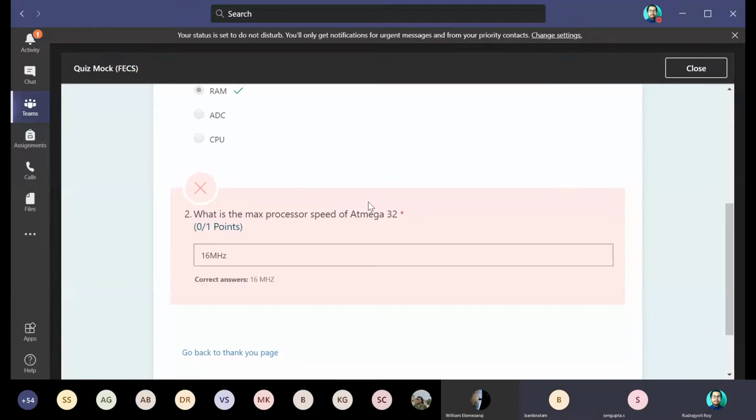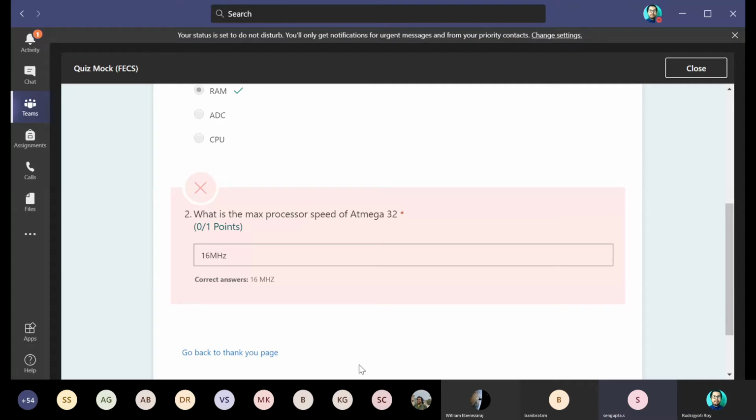No, the Z is in small letters, I think that's the reason. Yes, capital Z, you're right.